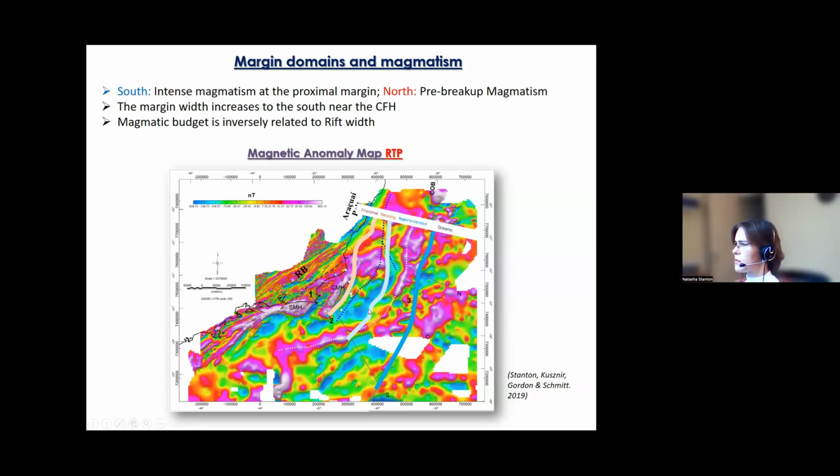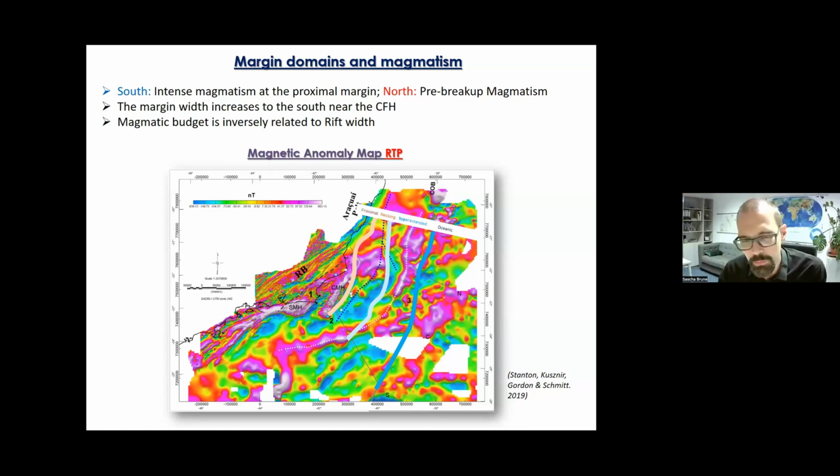And this is really what we observe, especially in this area here. So don't you think that this could be the reason for this change in architecture? If you could model this crust, what would you say?